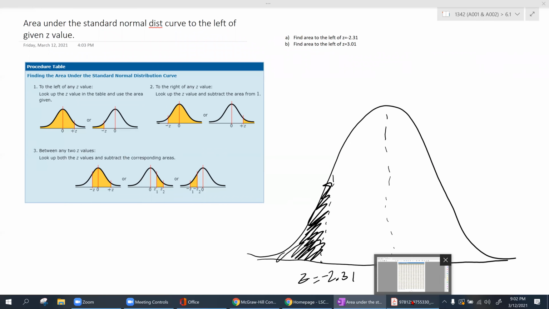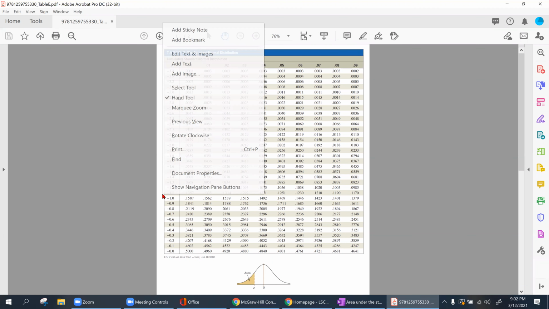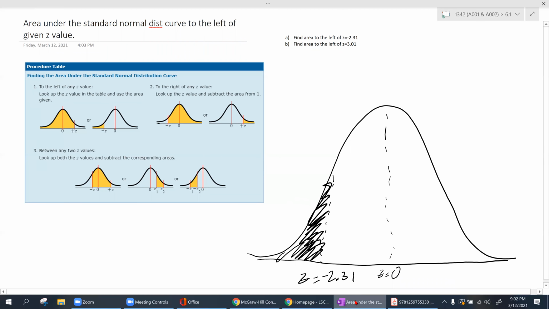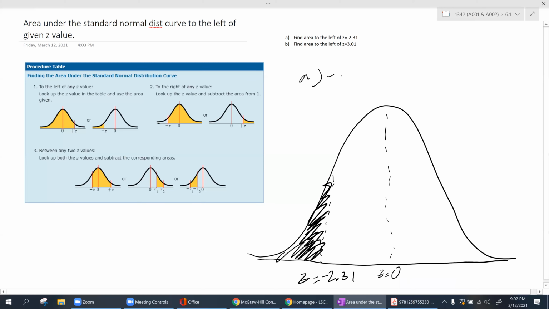I'm looking for negative 2.3, it's right there, but I'm looking for negative 2.31, so the value is 0.0103. So the area for A is, what did I say, negative 0.0104? Oh, no, it's positive, because area has to be positive, 0.0104. And that's all we're doing. So that is the area.